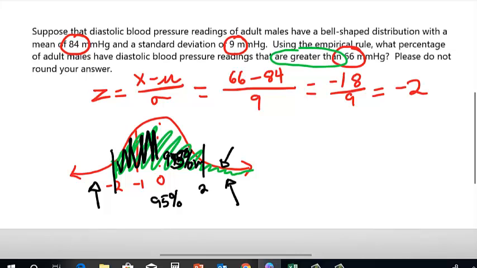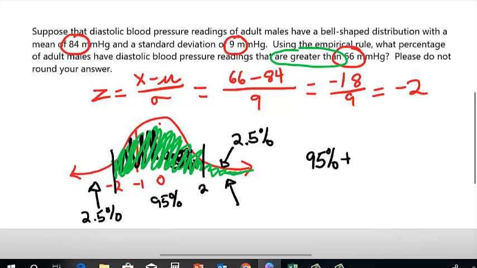Well, these are symmetric, so that means that this one's going to be 2.5%, and this one over here is going to be 2.5%. So if I want everything to the right, that's going to be this 95% plus this 2.5%. So I would get 97.5%. Okay, so that was like 3.16b.